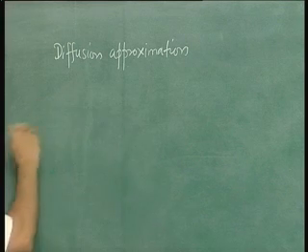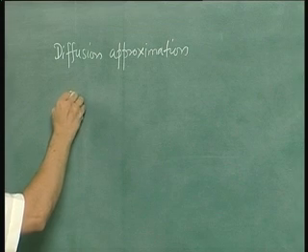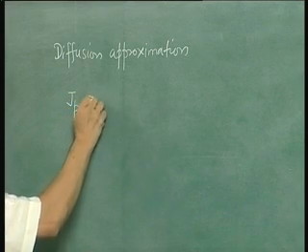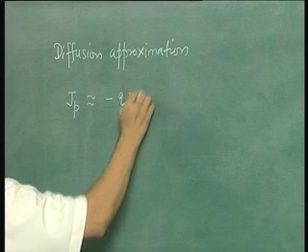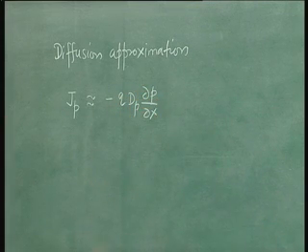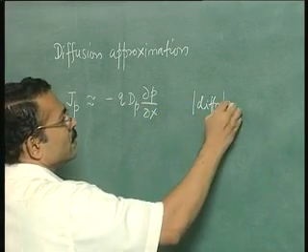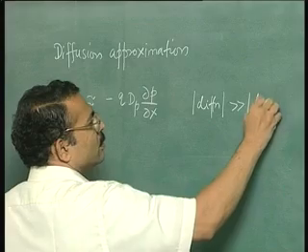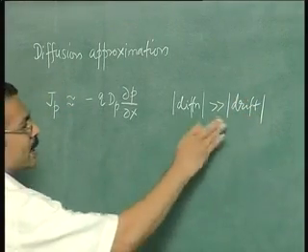So if diffusion current dominates over drift, we can neglect the drift and we can write Jp is approximately equal to minus q dp dou p by dou x. So we will write here diffusion much greater than drift. Okay, we are taking the magnitudes so that the sign confusion is not there.